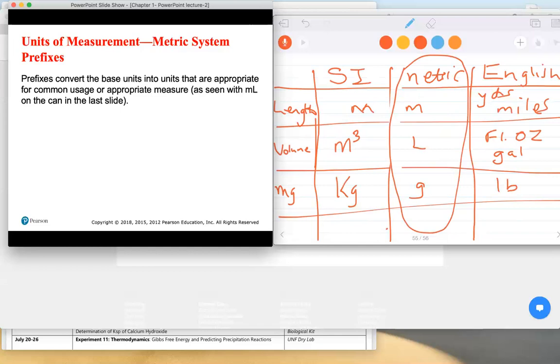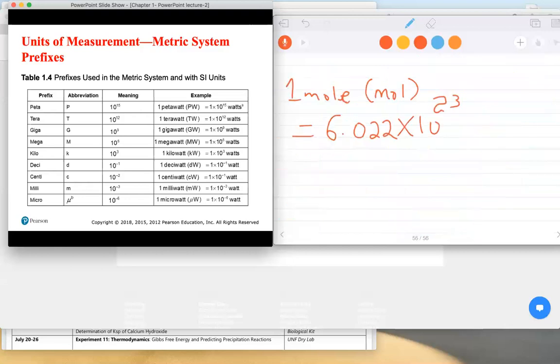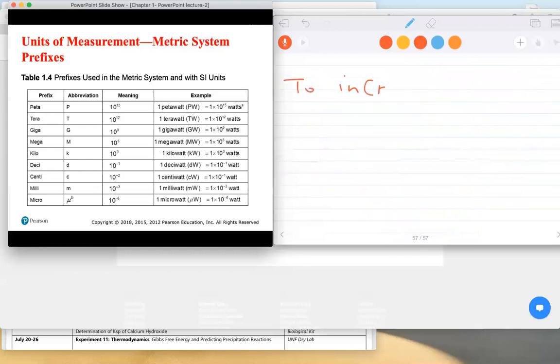For example, milli. What does milli mean? That means we have reduced the base unit. What you see here is we use prefixes to increase, or decrease what?